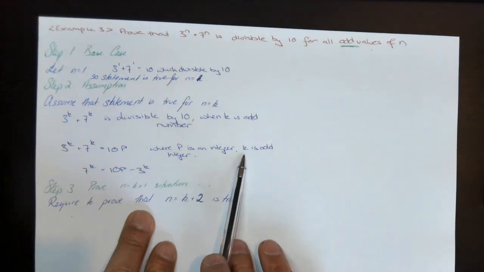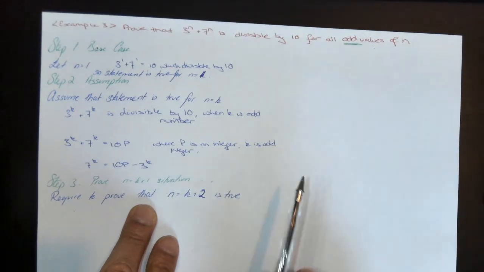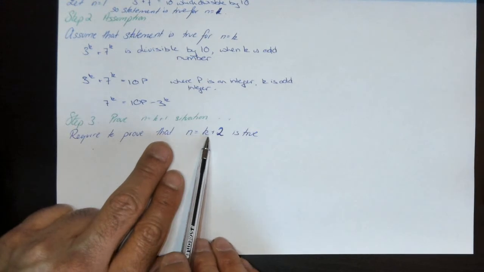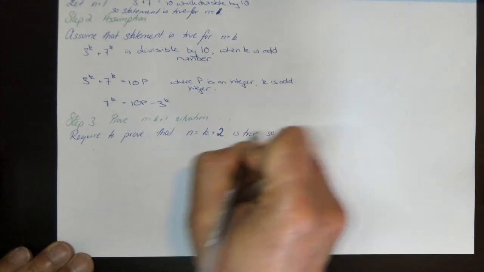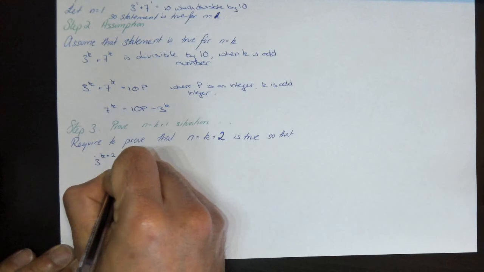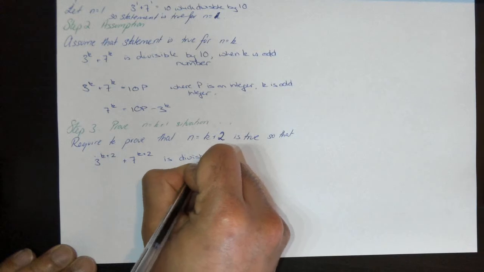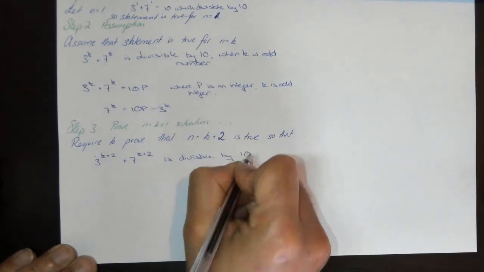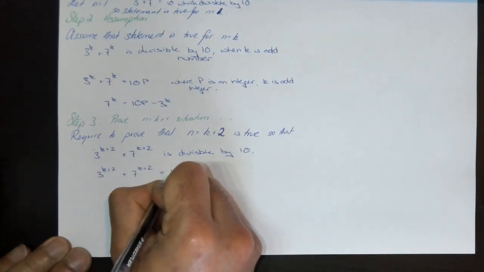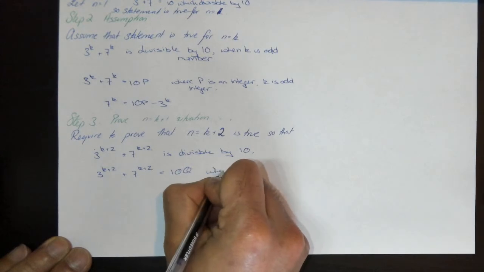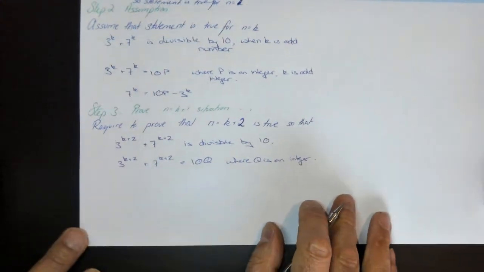If k is odd, the next odd value would be 2 numbers after that. So really in this situation we're required to prove that n equals k plus 2 is true, so that 3^(k+2) plus 7^(k+2) is divisible by 10, which means we get 3^(k+2) plus 7^(k+2) equals 10q, where q is an integer.